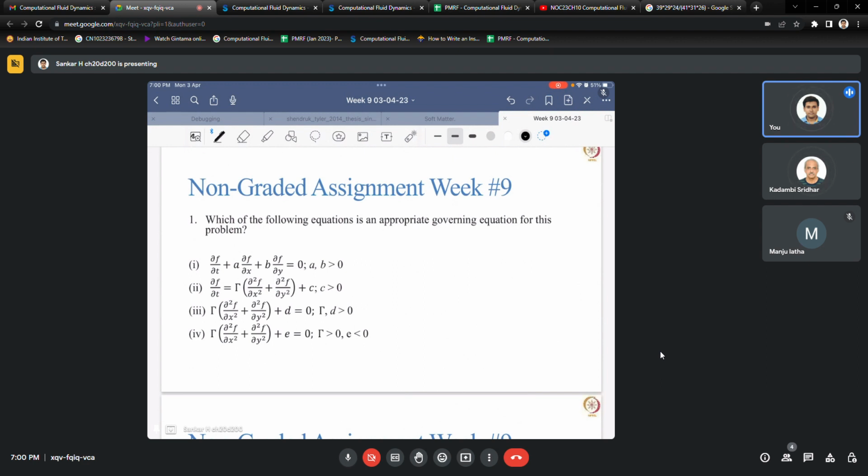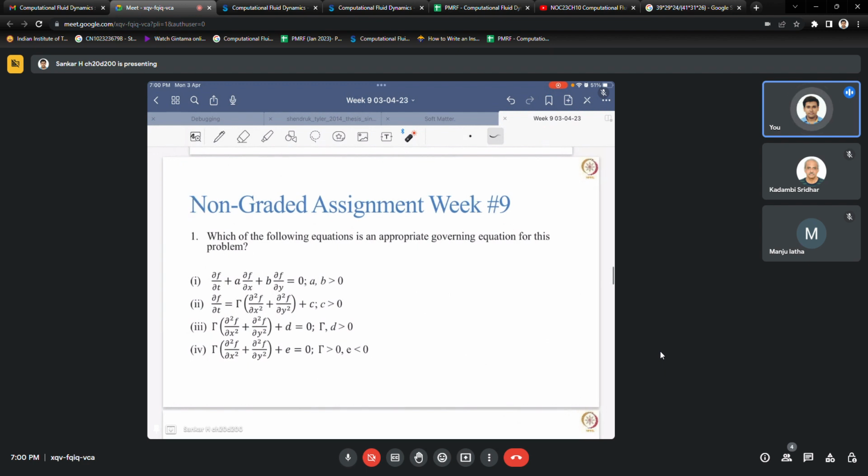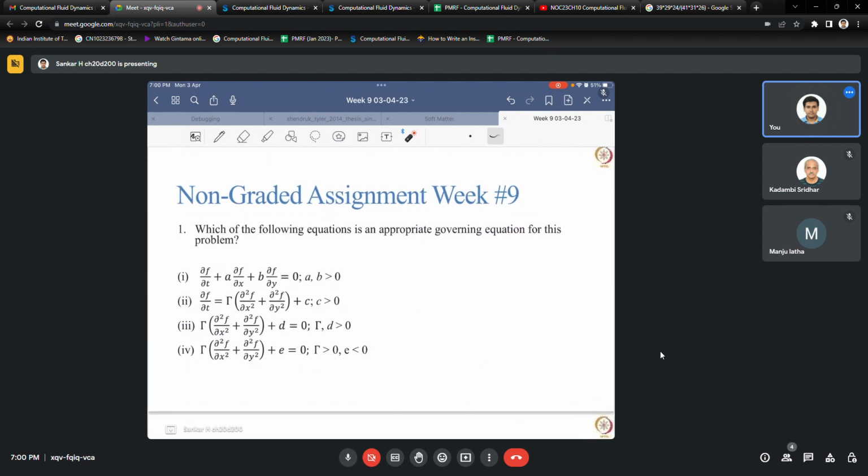So in the non-graded assignment, the initial part of the question remains the same for the three-dimensional network that's given.